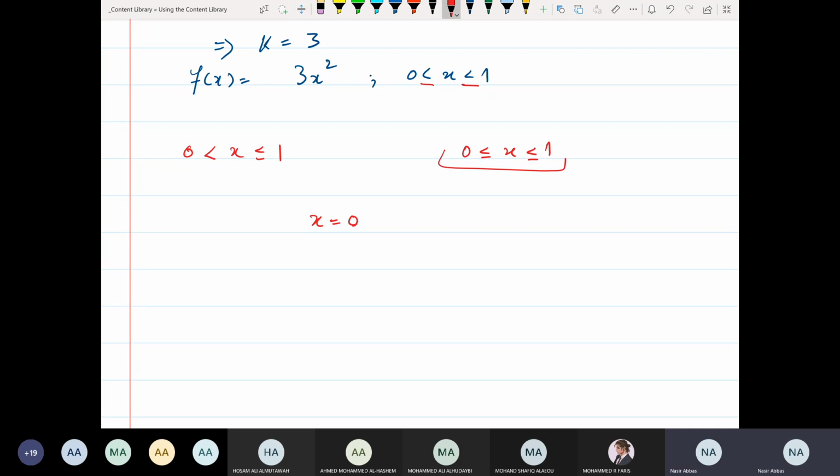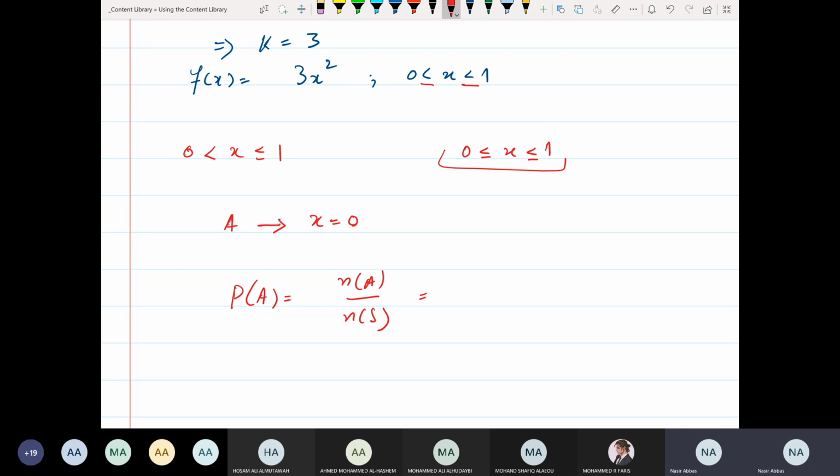Infinite. There are infinite values. So in your sample space, there are infinite values, and among those infinite values, there is one value that is x equals 0. So consider this as your event A, and you're trying to find the probability of this event A. That should be n of A divided by n of S.